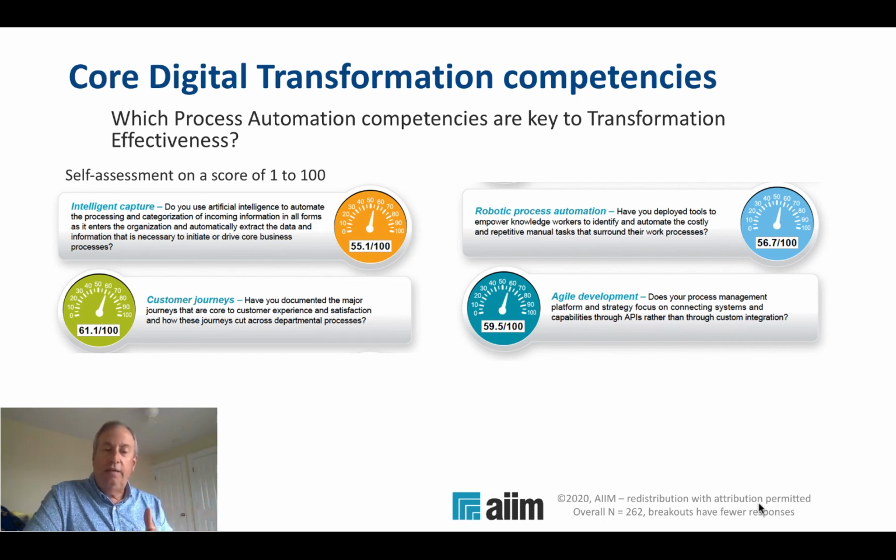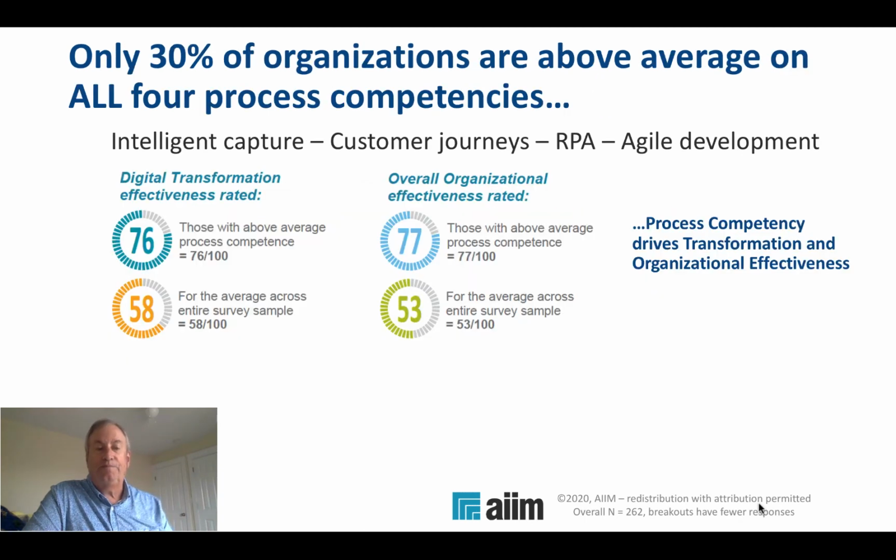And you can see, as you look through these metrics, that basically organizations are still at a fairly early stage in terms of taking these core competencies that are necessary to digital transformation.